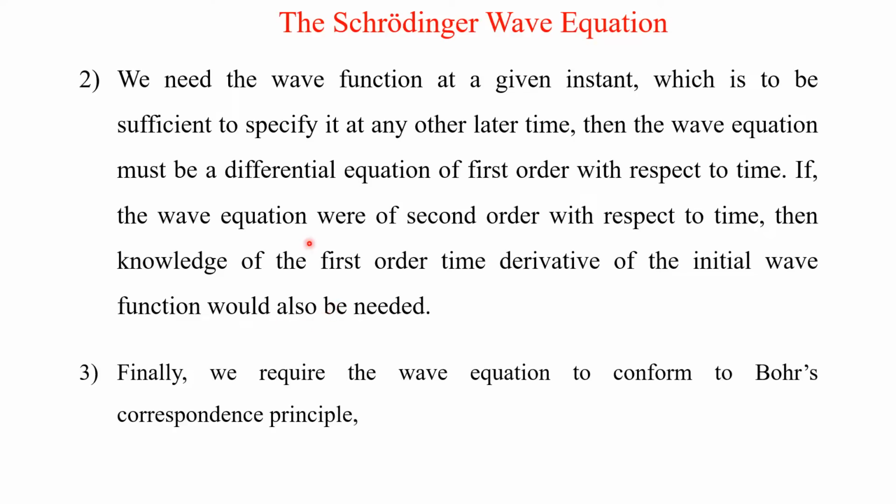So if we take a second order time derivative like classical physics, then in this case, you need an initial wave function and its first order time derivative. That is an important condition, which will make some complications. This is our second condition.